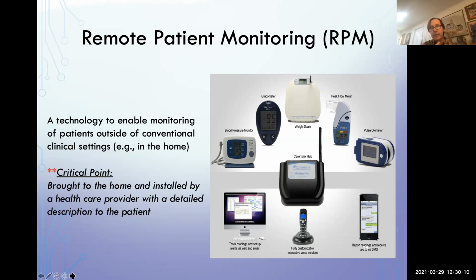It may take one or two visits, whatever it takes, even three visits. You need to do that if you're looking for success, so that the person can actually use it in a meaningful way and get results.